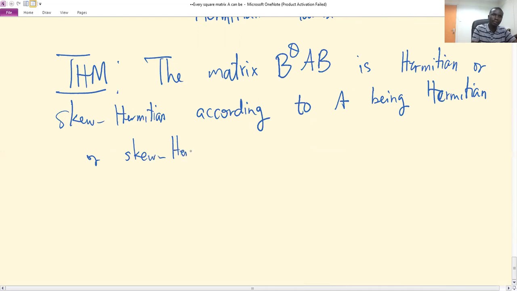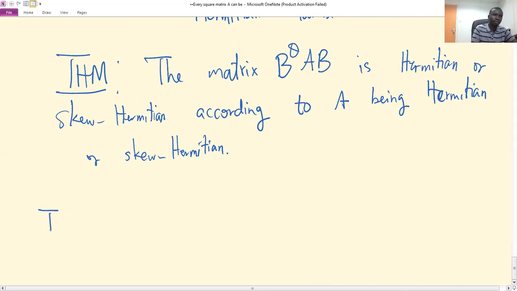So that means that if A is Hermitian, then the matrix B power theta AB is Hermitian. If A is skew Hermitian, then B power theta AB is skew Hermitian.